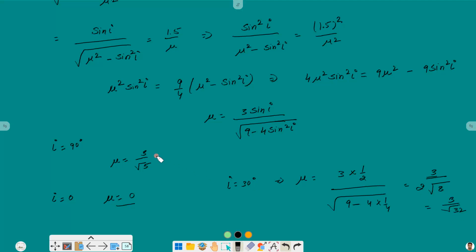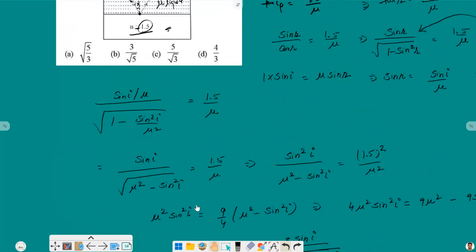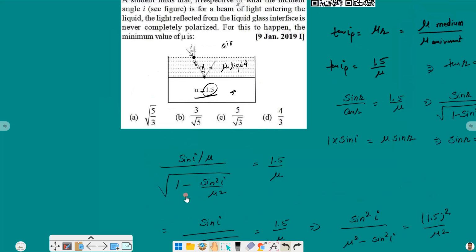So we can see that the denominator is increasing as we increase the value of angle I, meaning the maximum possible value is 3 by root 5. That matches with option B. So option B is the right answer here.